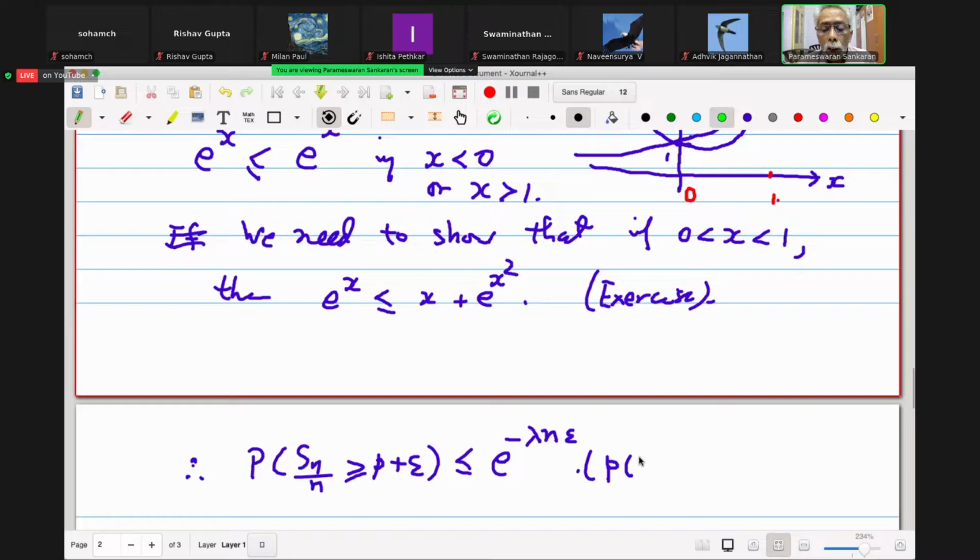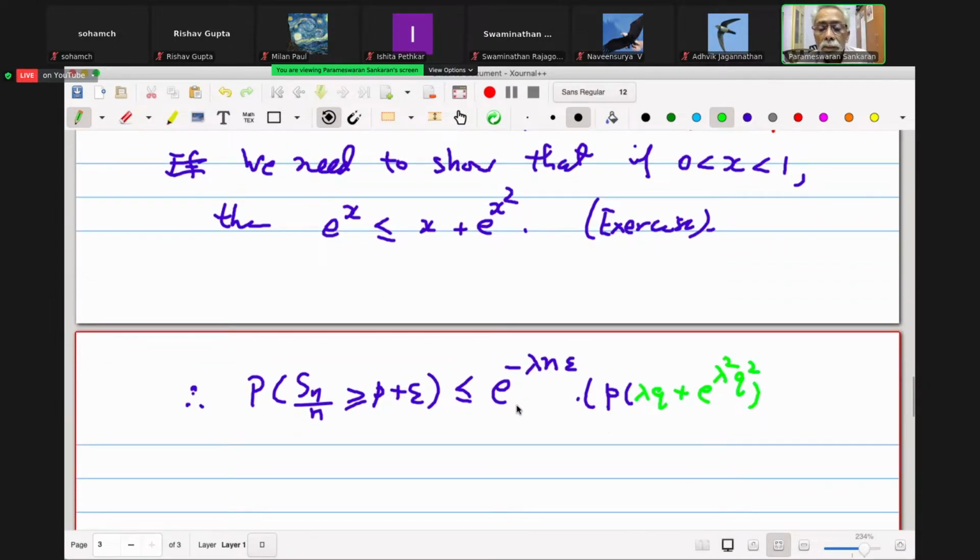So e power lambda q plus e power, what was that? Lambda q, lambda square q square. Okay. And then plus p times, so plus q times.